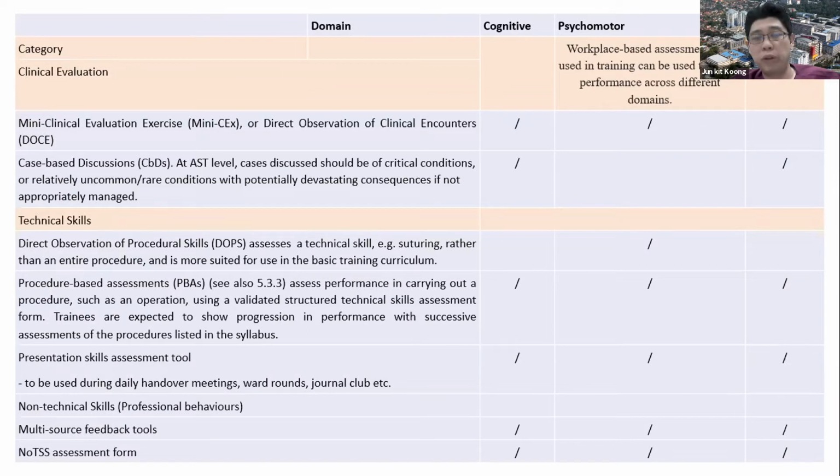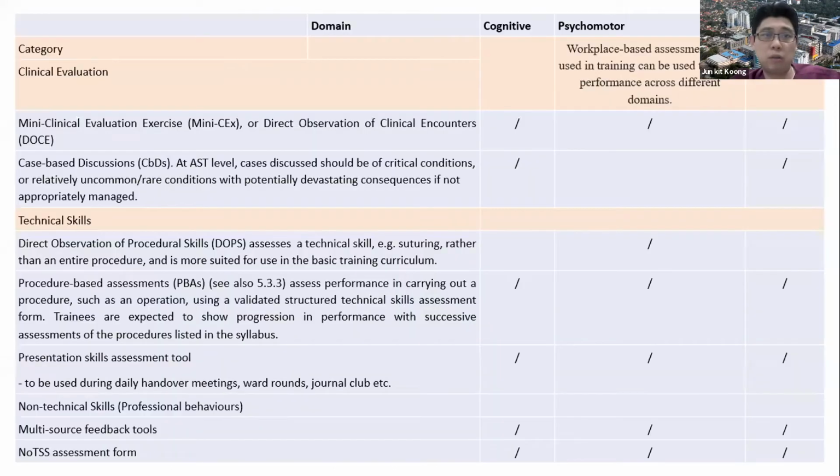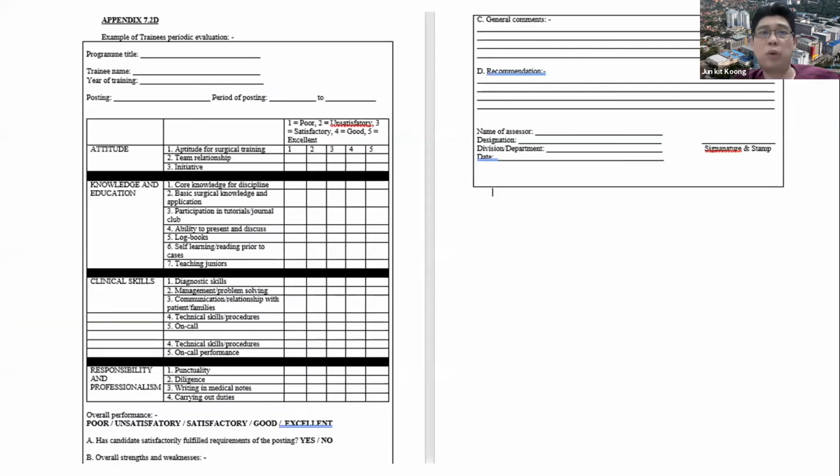And we use various measures in order to assess your workplace-based assessment. So far, we do not have anything structured, like DOPS or mini-CEX for this. But we do it in a variation whereby at the end of each posting, all of you will need to fill up this form.